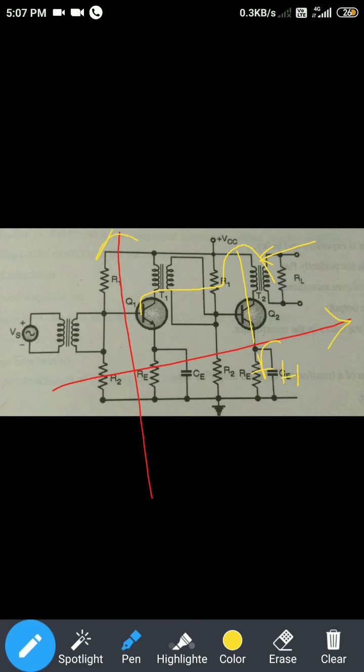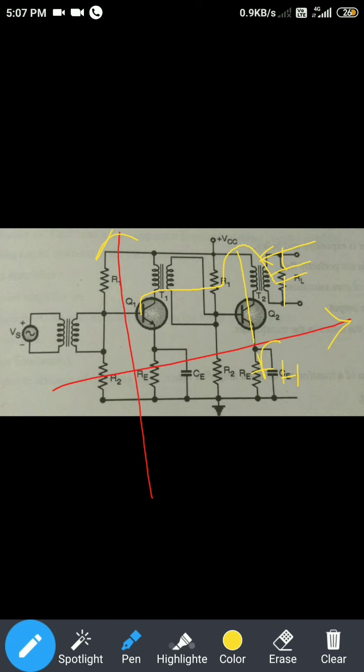Okay, so this is the high frequency signal where it is possible to convert this transformer coupled amplifier into a tuned voltage amplifier by connecting a capacitor across the transformer winding. If you connect a capacitor across the transformer winding, there is a possibility of a tuned amplifier.